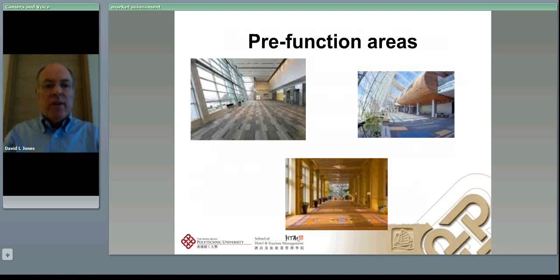It's the area where you do registration, but also cocktail receptions, and where you can have different types of exhibition booths, stands, say for educational purposes and so on. A lot of times this is overlooked and not built large enough, but you have to be able to accommodate the same number of people you put in the room, but maybe in a standing position for a cocktail reception.